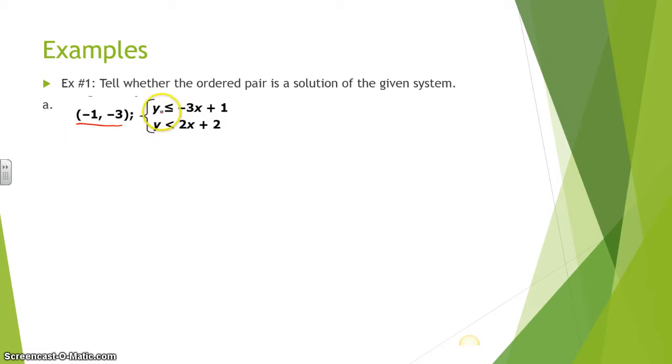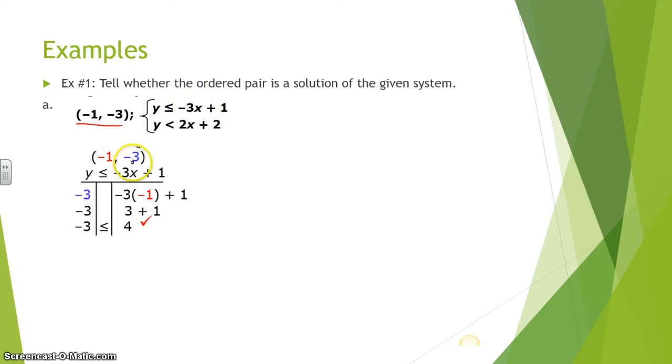First, we take our first inequality and substitute the ordered pair to see if it is true.